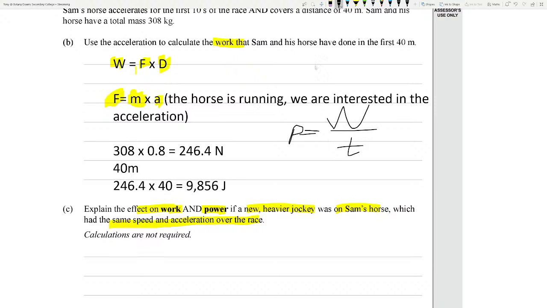If they finish the race in the same amount of time, so this time is the same, but work has gone up, then you have a bigger number divided by the same number. That means your power would have increased. You can have a look at the model answers, but you just need to understand it.